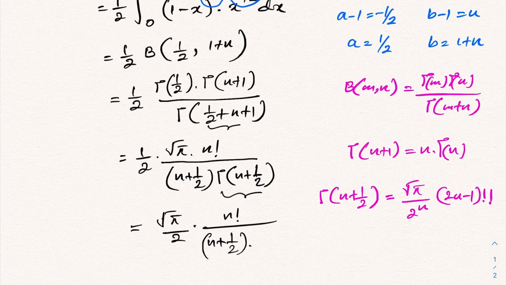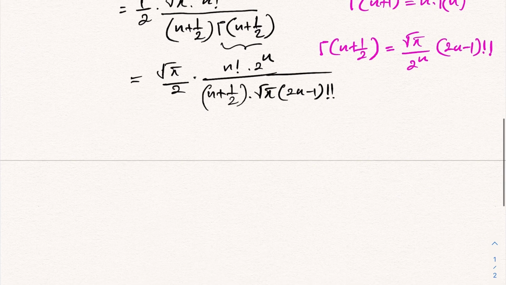If you would like to watch that video about the double factorial, I will add the link in the description and also make a card. Anyway, now instead of Gamma(n + 1/2), we have the square root of pi over 2^n, so 2^n times (2n - 1)!!.